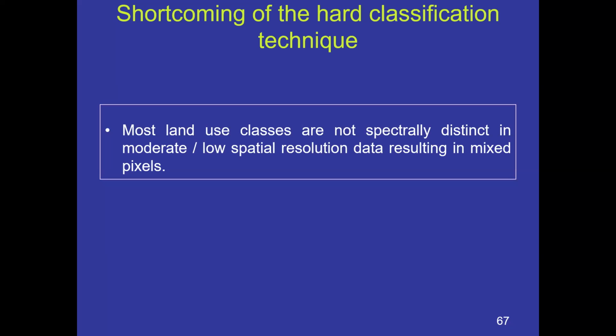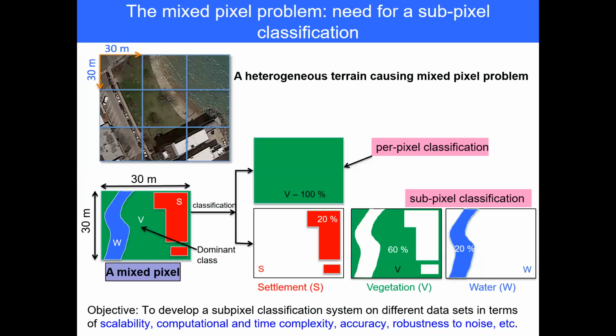Now, the point to note here is that on the Earth, most of these classes that we just saw are not strictly distinct, and it results in a new type of pixel called a mixed pixel.